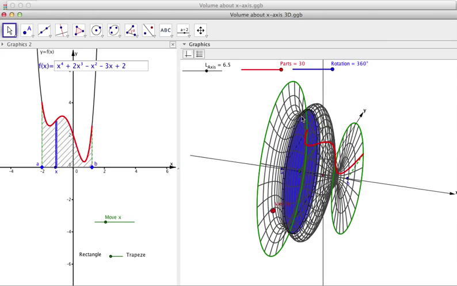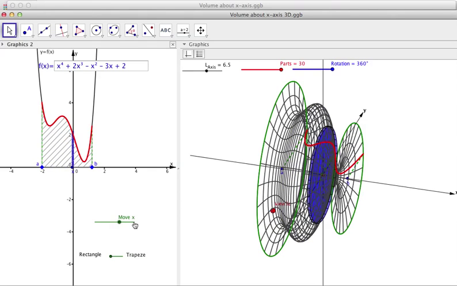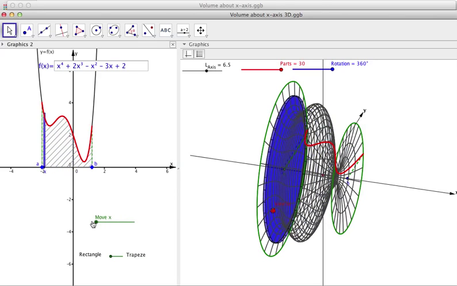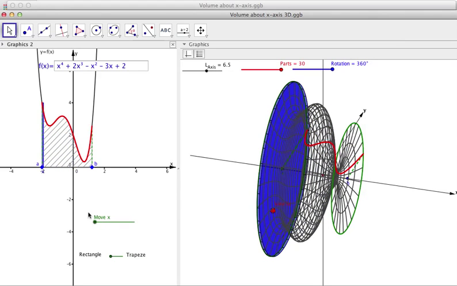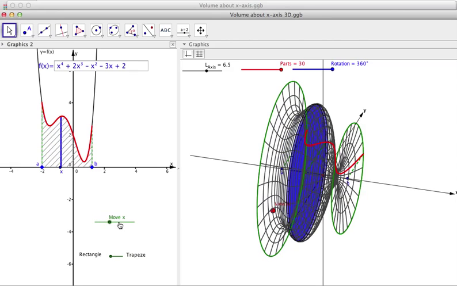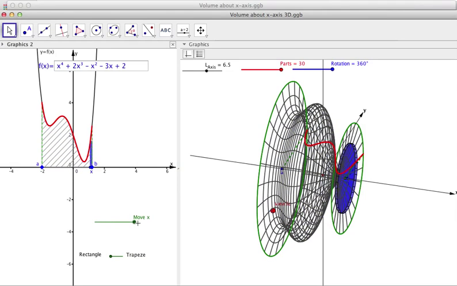And just to show you one more, I don't think we want to move x. What you can see is this is moving the cross section right through the shape, and you should be able to see that the size or the height of this line here dictates the size of the cross section. So when we get down here, we've got just a narrow shape.